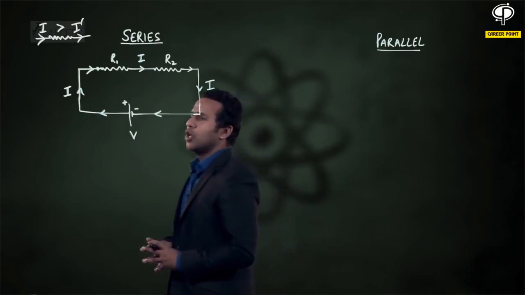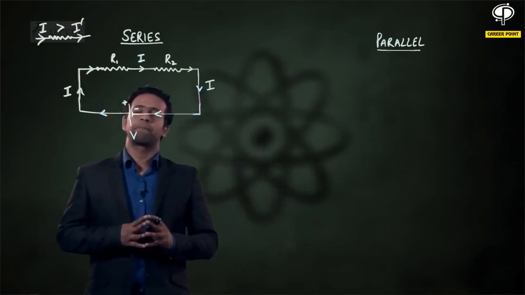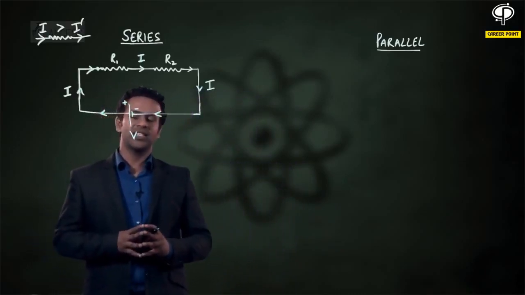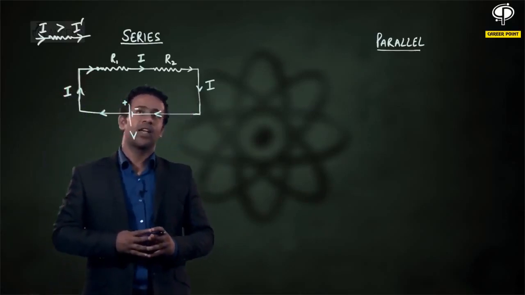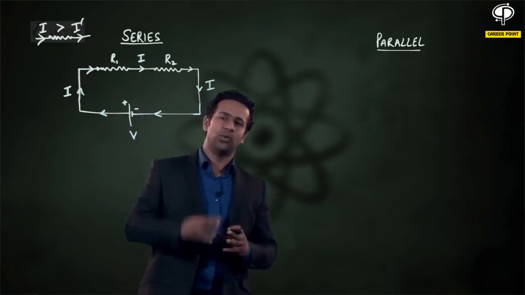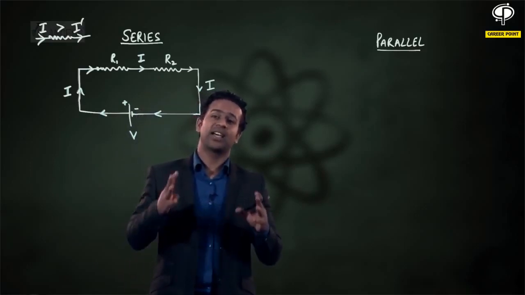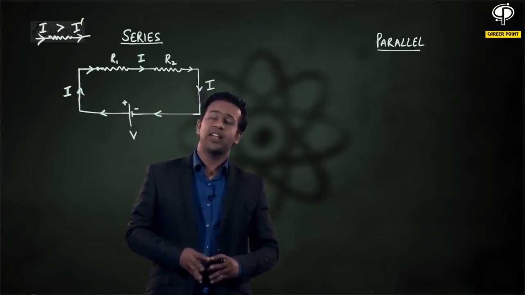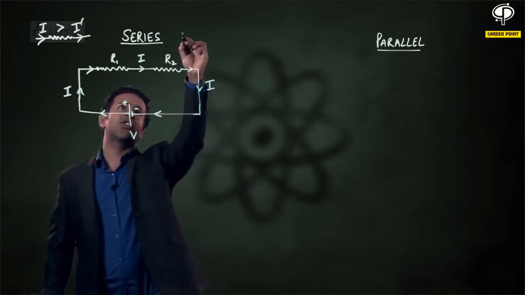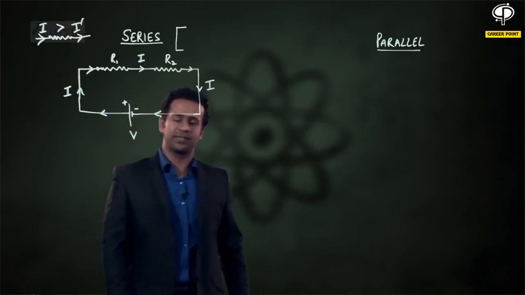Right. So in this circuit, what is basically happening is the entire current that enters R1 also enters R2, which means the current through the two resistors is the same. Such a combination is called a series combination.